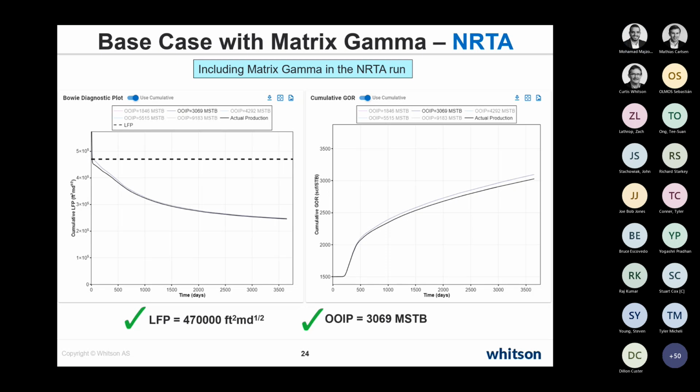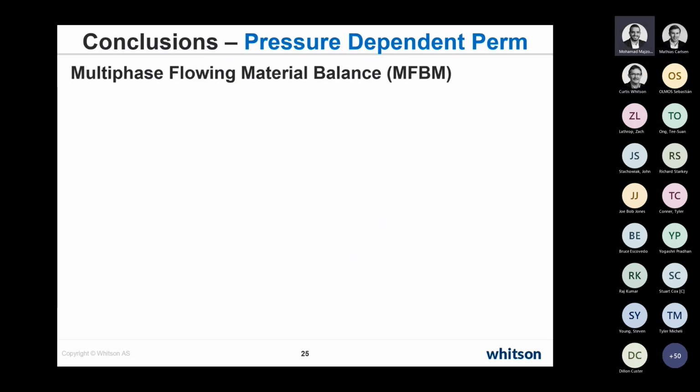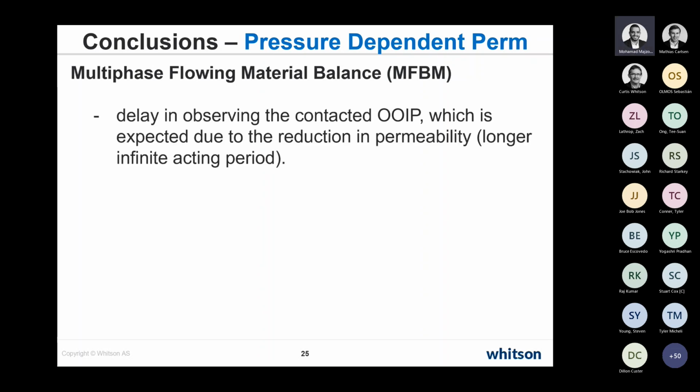Okay. So what are the conclusions of this part when it comes to pressure-dependent permeability? One of them is how it affects the multi-phase flow and material balance: you'll have a delay in observing the contacted OIP, or the contacted pore volume, and that's expected because of the reduction in permeability, and that is translated into a longer infinite acting period.